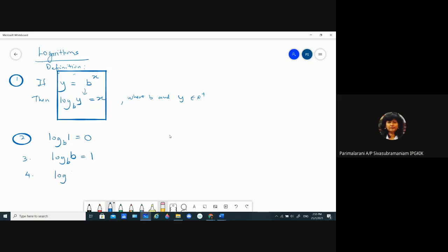Fourth rule: log of b base b to the power of n. When you have to the power of n, we can always bring the n to the front. So we can write it as n multiplied by log b base b. But because log b base b is equal to 1, in this case it is equal to n.